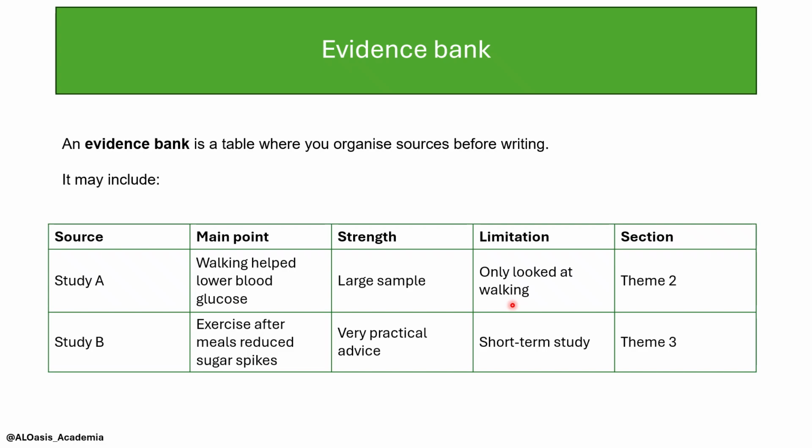This is just specific to the example we gave. Once you have all this information, you write where you think this paper will be used, in which section of the assignment or the paper that you're writing this paper will be included. Then you have a second paper. Again, what are the main points, the strengths, the limitations, and whether it's going to be in a different section or in the same section.